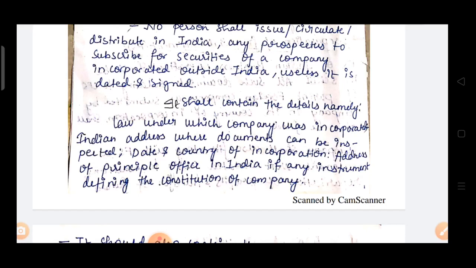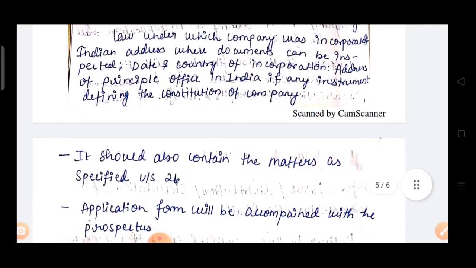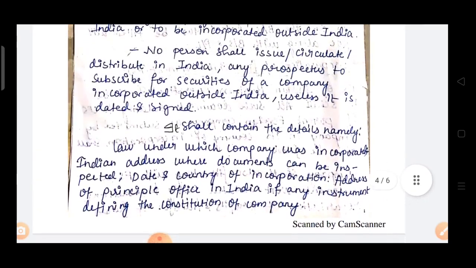So again, recap: law under which company was incorporated, Indian address where documents can be inspected, then date and country of incorporation, then address of principal office in India if any, instrument defining the constitution of company. These are the details which need to be disclosed in the prospectus.